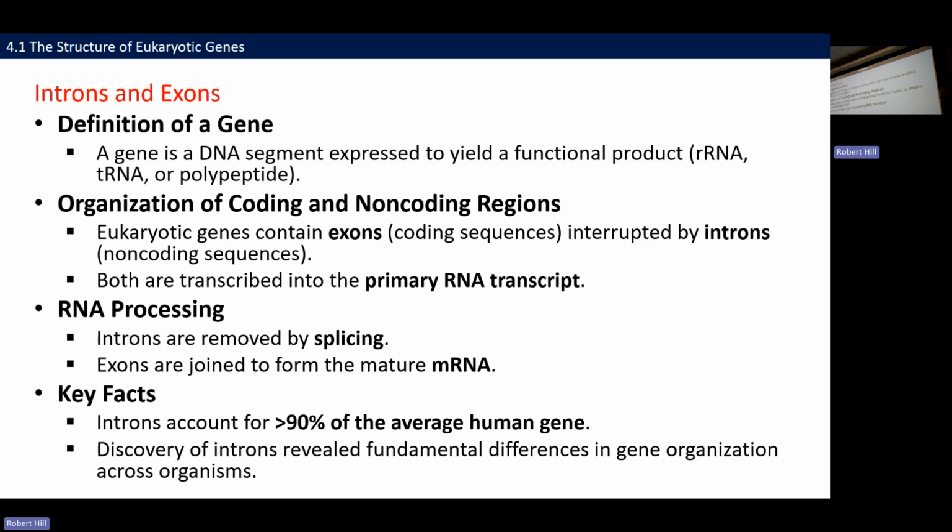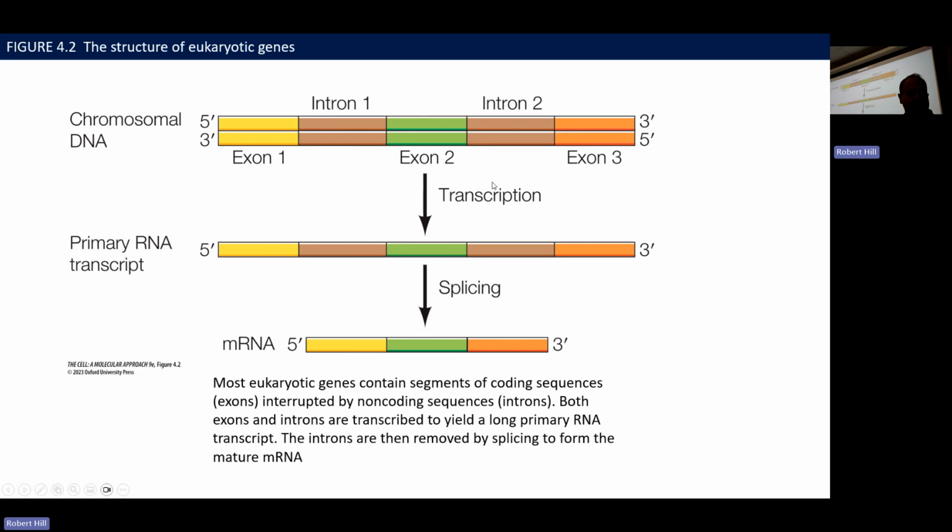All right, so how these introns and exons get organized makes this much more complex than we thought it used to be. Here's what I just drew up there. You get introns and exons in chromosomal DNA, you get transcription, they're still there.